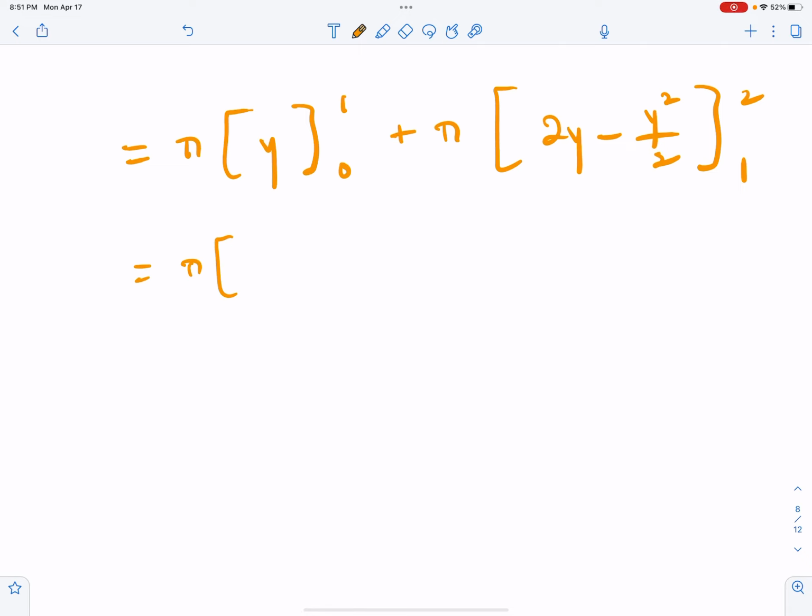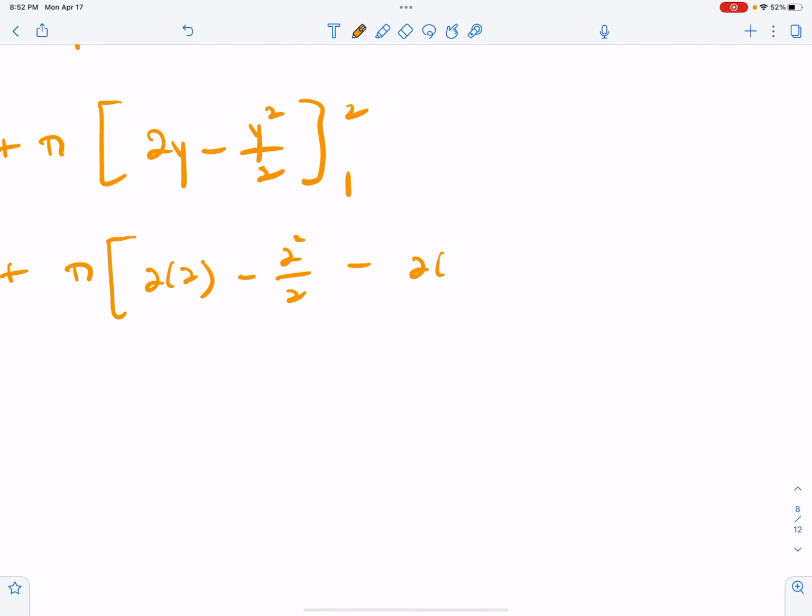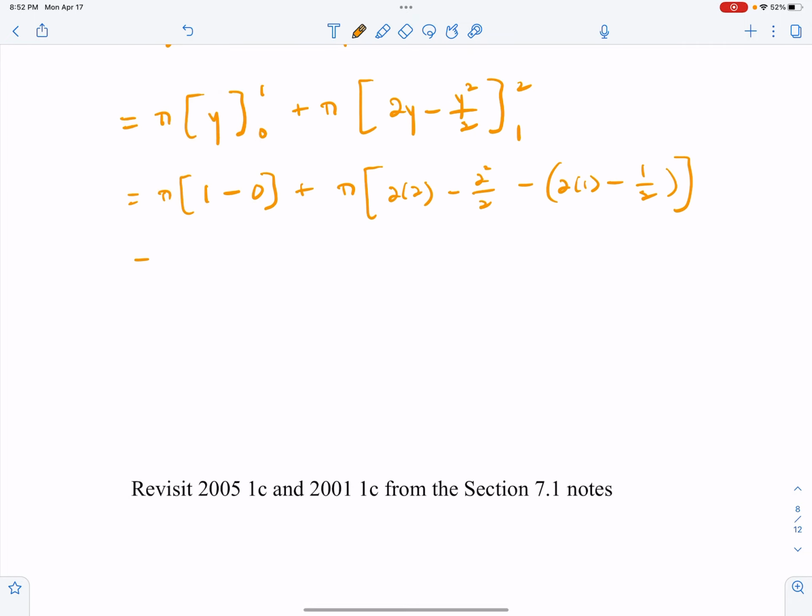So then that's pi times 1 minus 0, plus pi times 2 times 2 minus 2 squared over 2, minus 2 times 1 minus 1 half. So simplifying this will be pi plus pi times 4 minus 2 would be 2. 2 minus 1 half is 3 halves.